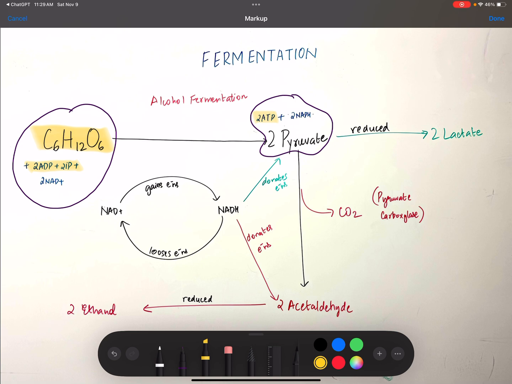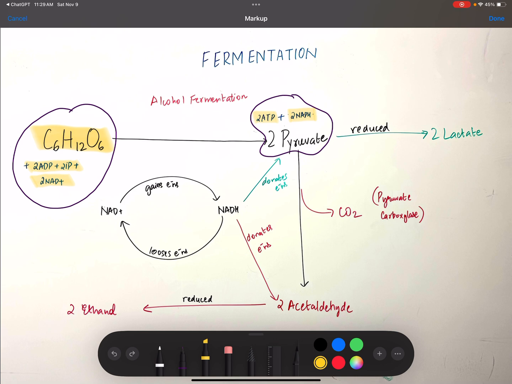Note that there is actually 4 ATP generated in the process of the conversion of glucose to pyruvate, but I could be wrong over here, so just take this with a grain of salt. I know that in the whole process, 4 ATP is actually made, but 2 ATP get used up, so the net ATP gain is just 2 ATP. We also know that 2 NAD plus gets converted to 2 NADH, which is what is shown over here, but we'll get into that process in a bit.